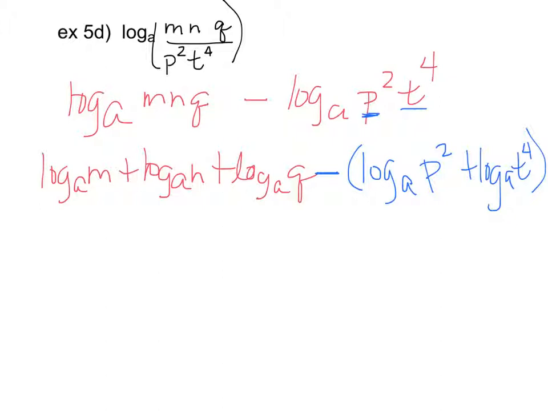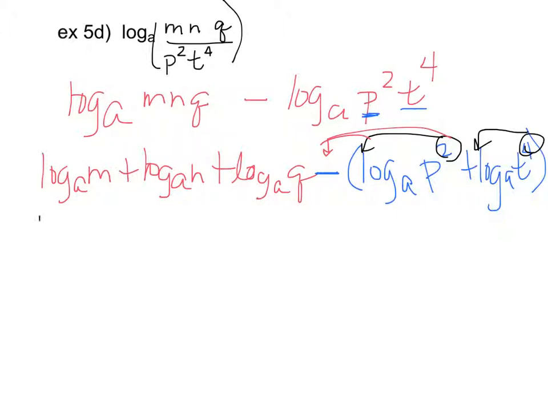Okay, so let's rewrite this. And what do we do with those exponents? Bring it in front. Good for you. You got this thing. So let's write it out. I'm going to bring that in front, and at the same time, I'm going to go ahead and distribute my negative sign to both terms. So we're going to do a whole lot here in one step. Ask me if you have any questions in class, because I want to make sure you get this.